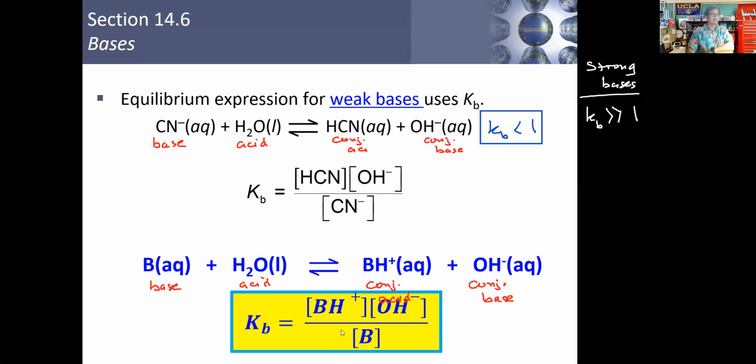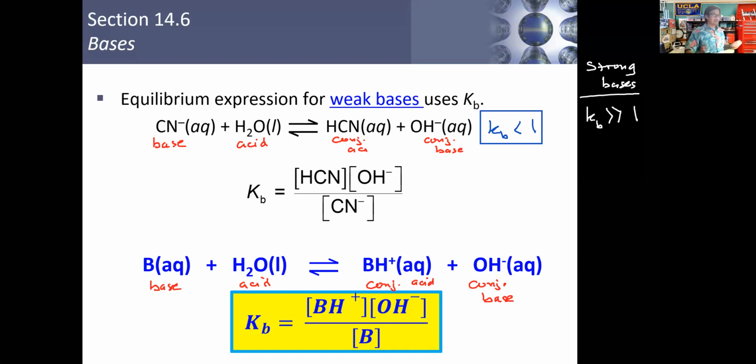This is what we'll use. Again, for all weak bases, we expect Kb to be less than 1. Let me go ahead and erase this really quickly so that you can see what we have here. So this is conjugate acid and conjugate base.